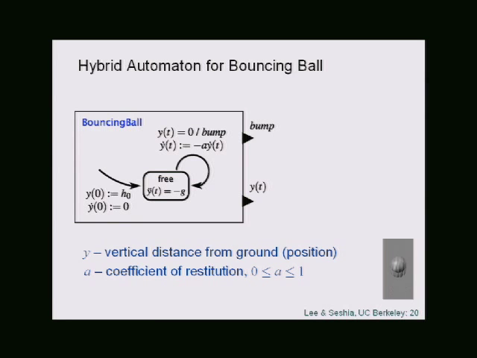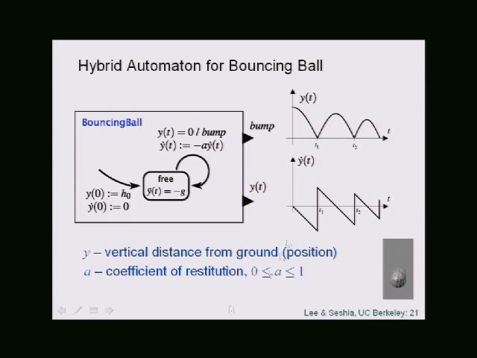Simultaneously, if I plot y dot, the velocity starts at 0, and then it's moving downwards, so the velocity is negative, and y dot of t is going to be minus gt. So it's going to go down, and it'll have some value depending on how high it was when you dropped it, when y of t is equal to 0. And then at this instant, it's going to reverse direction. So really what happens corresponds to jumping from this point to that point. The size of this jump is going to be minus a times whatever this value was when it was moving downwards, and then the process repeats.